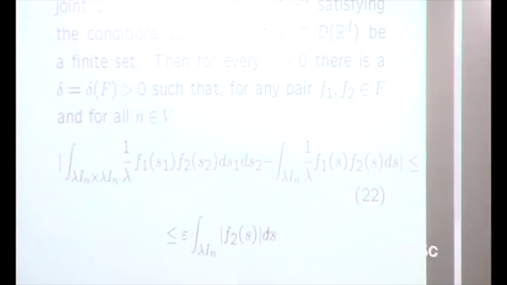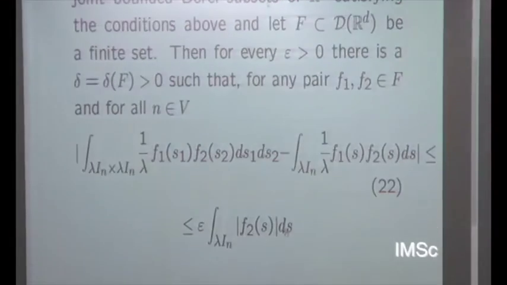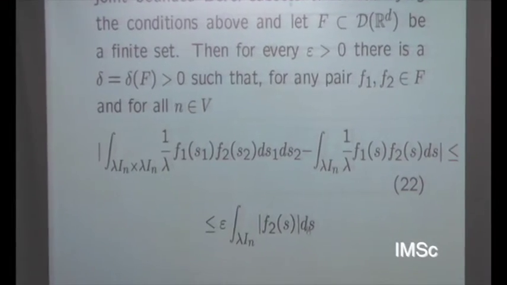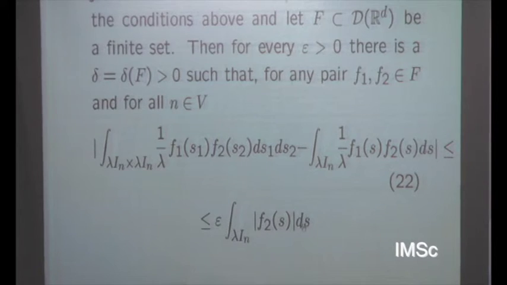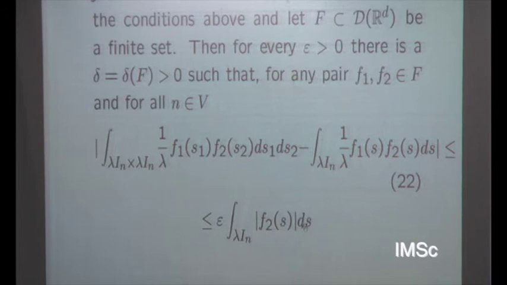So first we use an estimate. We prove the following. We fix n and we fix lambda. And we fix the functions f1, f2. Now we take them with compact support, continuous. We need continuity.